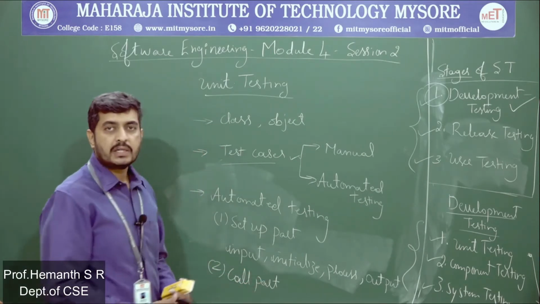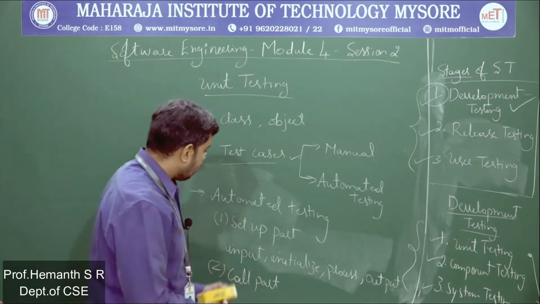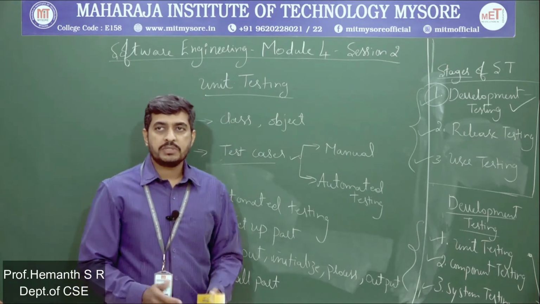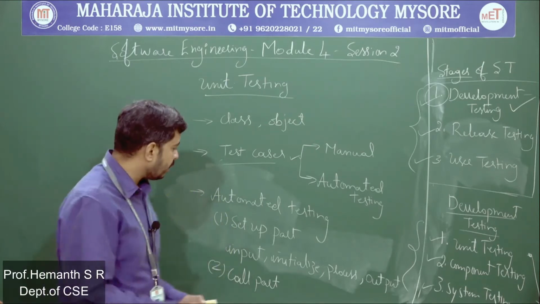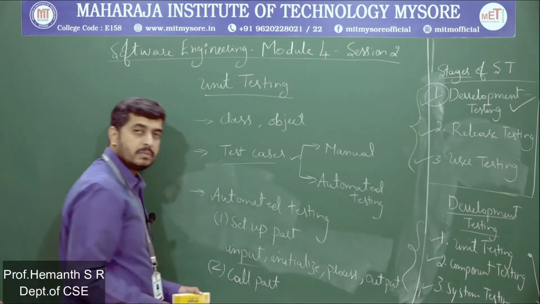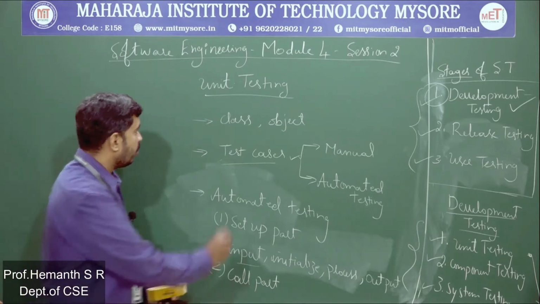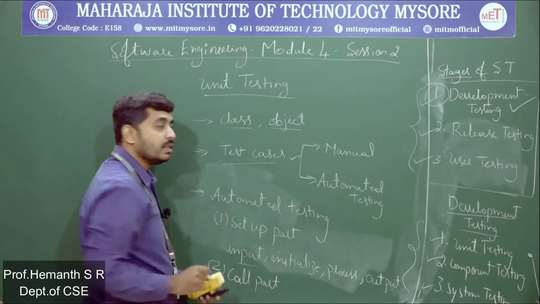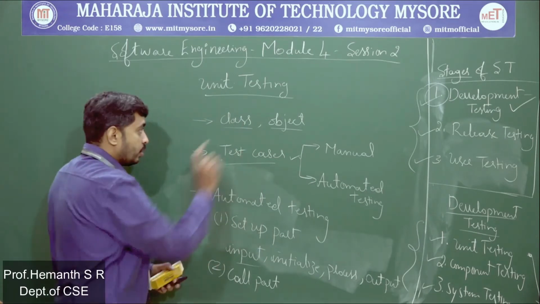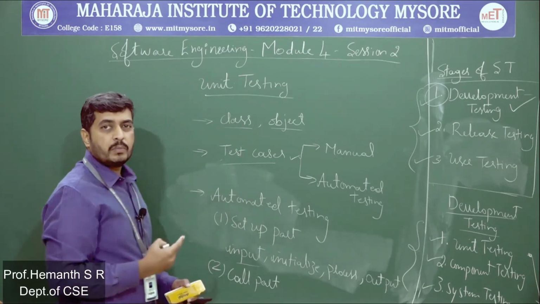In the call part, the required routine, the required object that needs to be tested will be called, and it will be given that specific input. For example, we want to test a class or an object as part of unit testing. So this object will be given the required input.